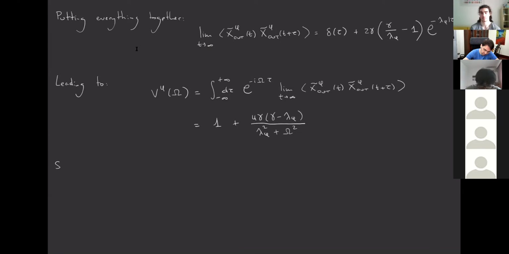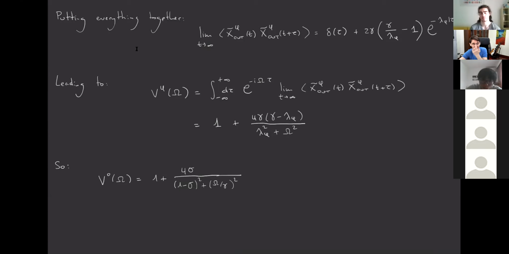So finally, if I particularize this expression for the position and momentum, what I get are these two spectra. So for the position, I get 1 plus 4 sigma divided by 1 minus sigma squared plus omega divided by gamma squared.